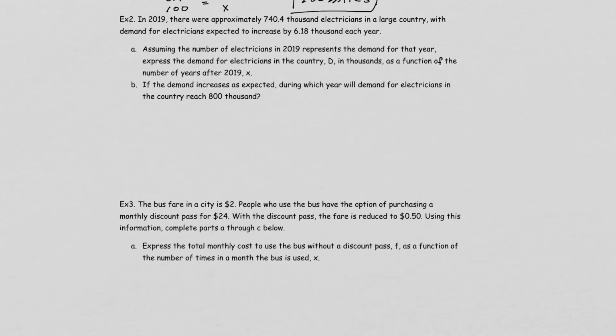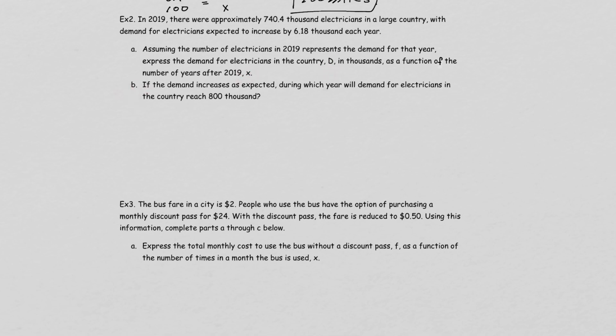The second problem says, in 2019, there were approximately 740.4 thousand electricians in a large country, with demand for electricians expected to increase by 6.18 thousand each year. Again, the first part is asking to build the equation using these variables.